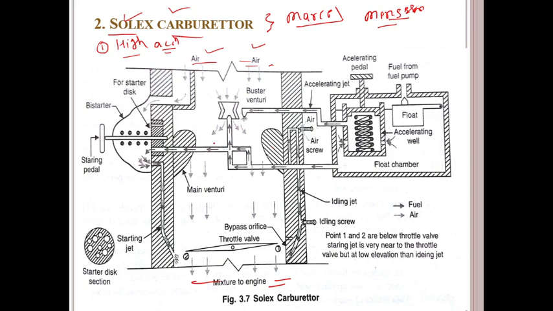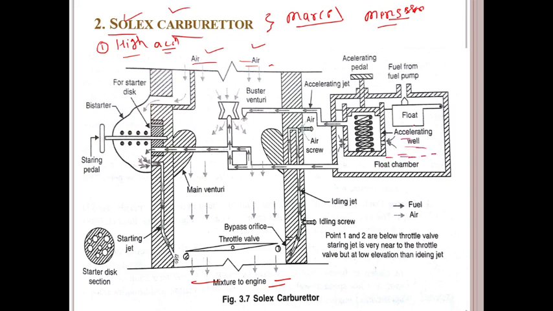In the Solex carburetor, the fuel chamber is the part that collects the fuel from the fuel tank and stores it in the carburetor to form the air-fuel mixture. This fuel chamber has a float which is used to maintain the fuel level. These are the float chambers.